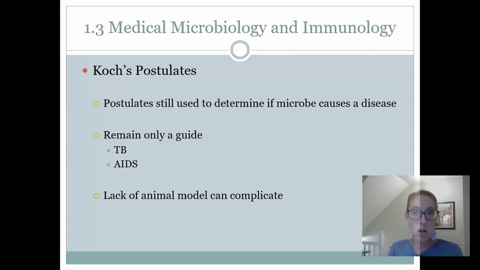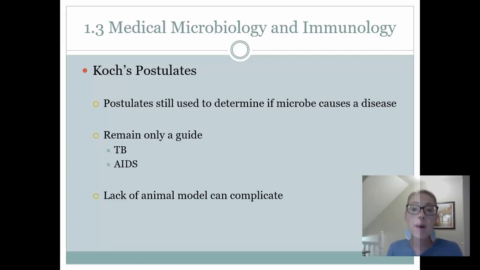Oftentimes individuals will cough up blood. But there are some people who will have the bacteria that lives within their lungs, and it doesn't lead to the diseased state. So this is a time where we may not be able to follow all of those postulates really closely because we were unable to follow the first postulate.